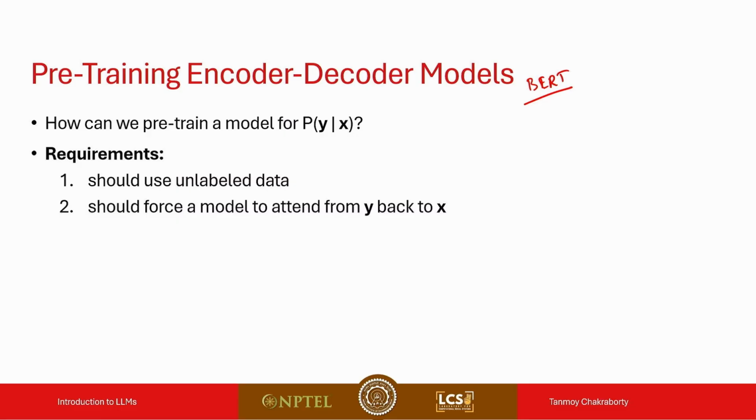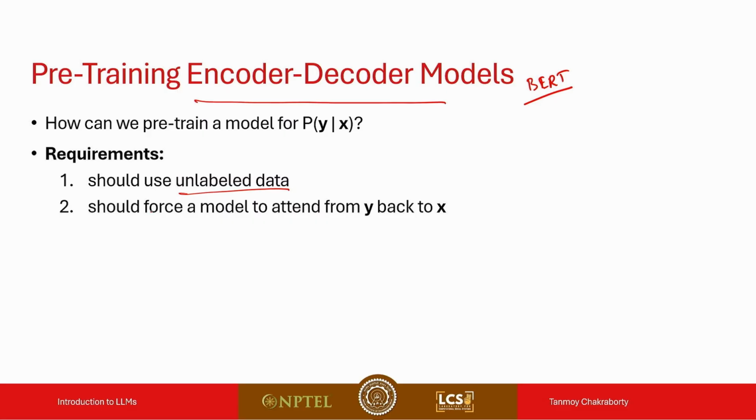It was a self-supervised approach. You basically had running text, and you masked some of the tokens in the running text, and you wanted the model to predict those masked tokens. So the question is, in the encoder-decoder model, how can we use unlabeled data? Because labeled data is very difficult to collect.